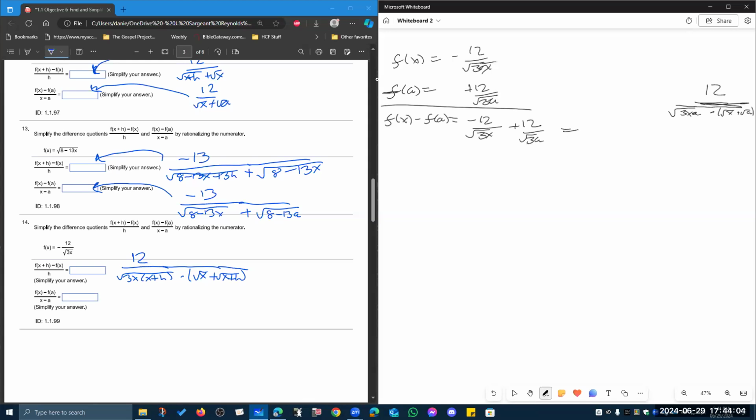Again, I want you to think of that root 3 as separate from, well, it doesn't really matter quite as much here. I'm going to multiply by root a over root a in this first one. I'm going to multiply by root x over root x here. And I'm going to get root 3xa as my common denominator.